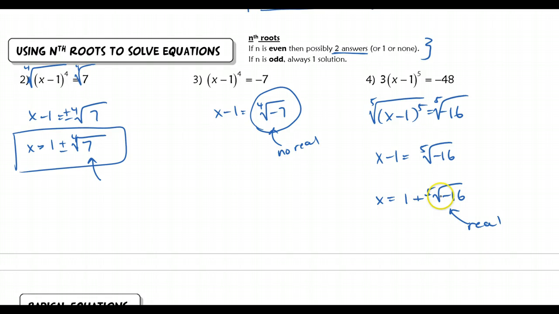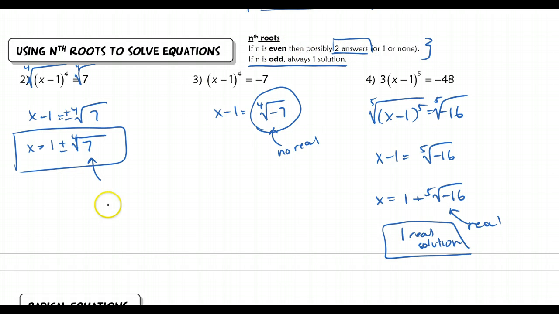When it is an odd root, though, we can end up with a real number, but it's only one real solution, right? It's the only case where you're going to end up multiplying an odd number of negative numbers to still get a negative number. So if n is odd, there's only one solution. If n is even, then you possibly get 2 answers like we did in the very first example, right?